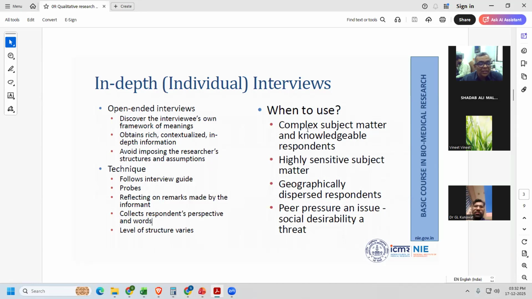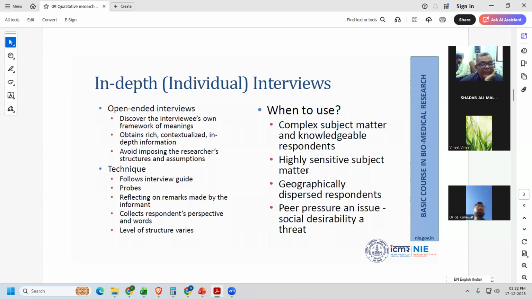Now, when can we use it? When there is a complex subject matter and knowledgeable respondents, then you can go for an in-depth interview, because the person you are interviewing is very knowledgeable and the subject matter is complex. Then a highly sensitive subject which can't be discussed in a group. If you are discussing the reasons for divorce, then you can't discuss it in a group, so you have to go for an in-depth interview.